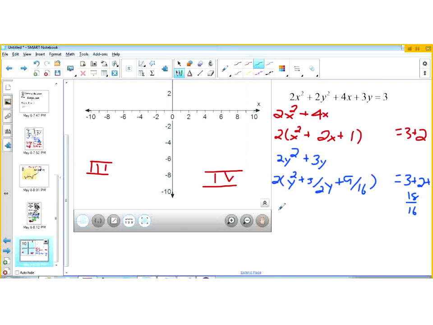So the equation of our circle then is 2 times (x plus 1) quantity squared plus 2 times (y plus 3/4) quantity squared.